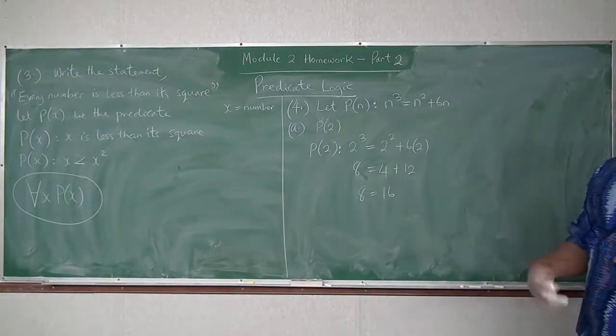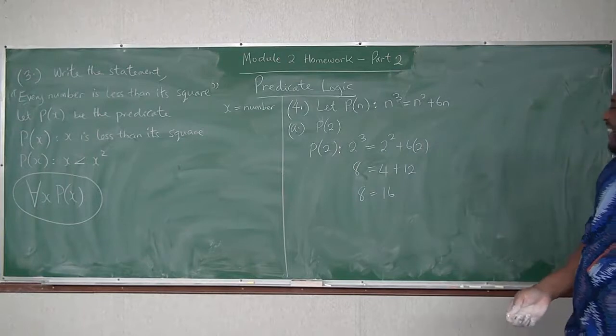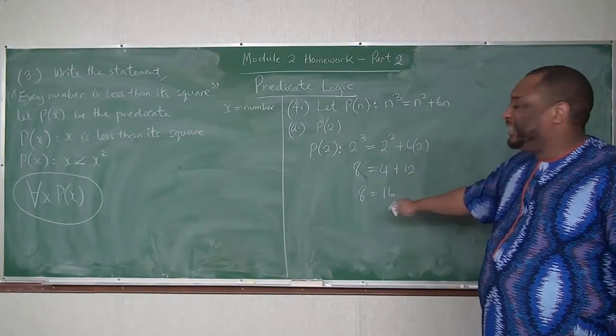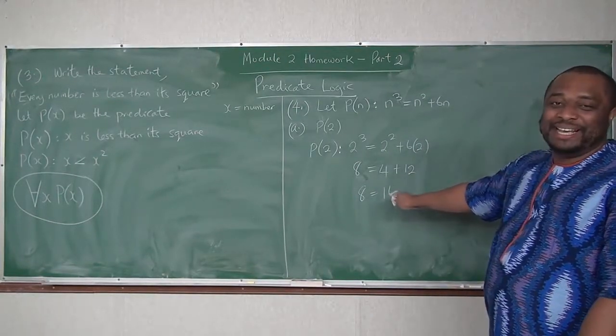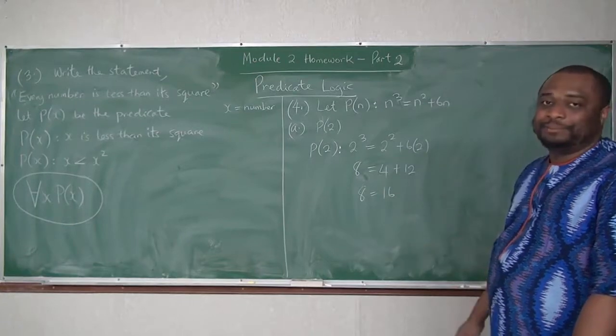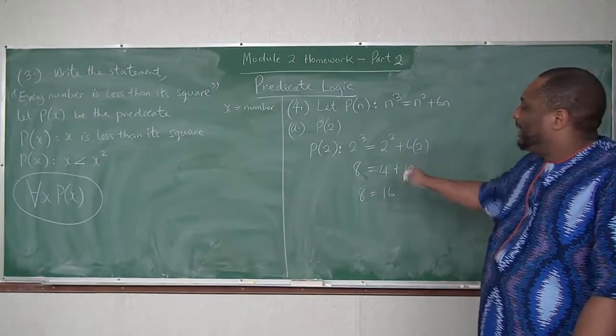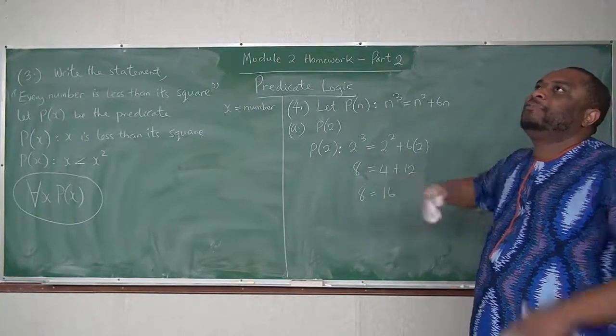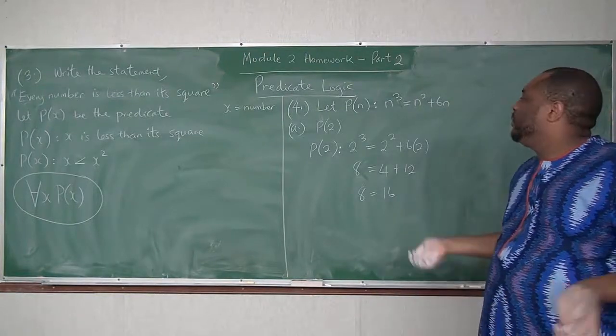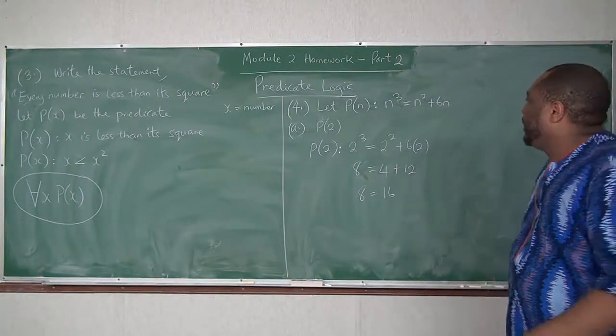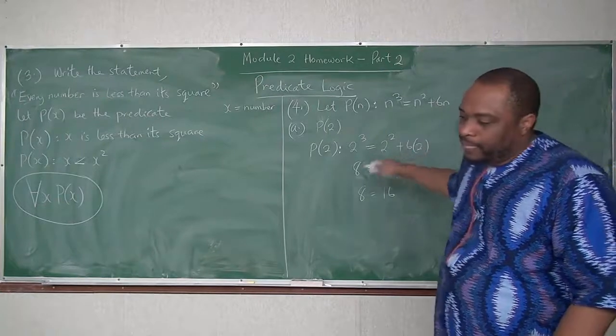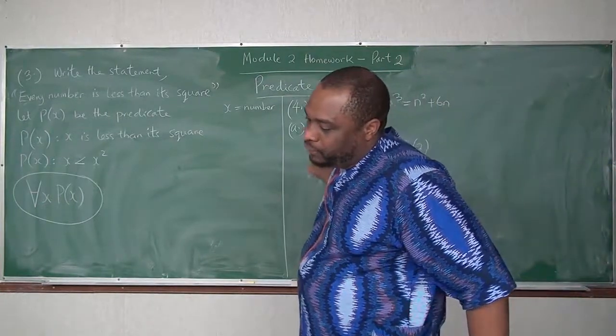We know that 8 is not equal to 16, right? So the truth value for this is false. But that is for 2. We can't say it for all, but let's see whether it might work for some.